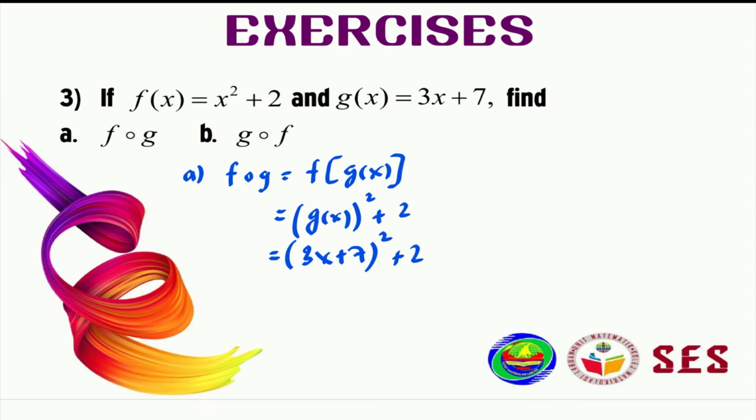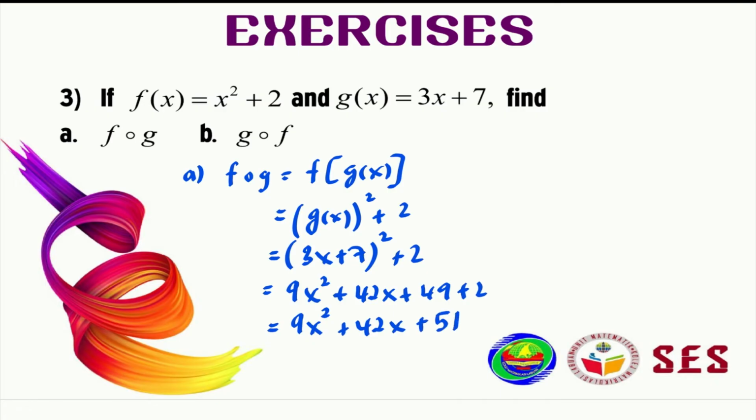So we need to expand this first, so that we should have 9x squared plus 42x plus 49 plus 2, and simplifying this we will get the final answer of f∘g as 9x squared plus 42x plus 51. Alright.